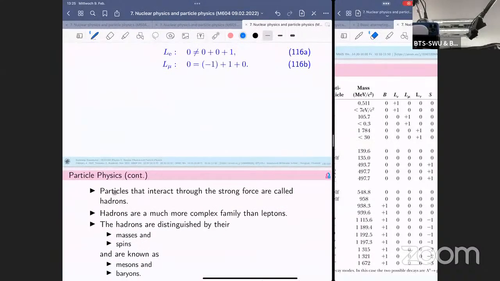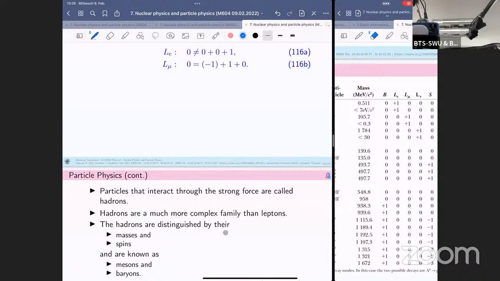Another one, okay, particles that interact through the strong force are called hadrons. We will consider hadrons in this scenario. Hadrons are a much more complex family than leptons.